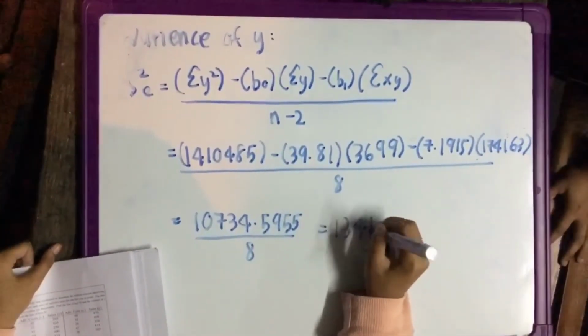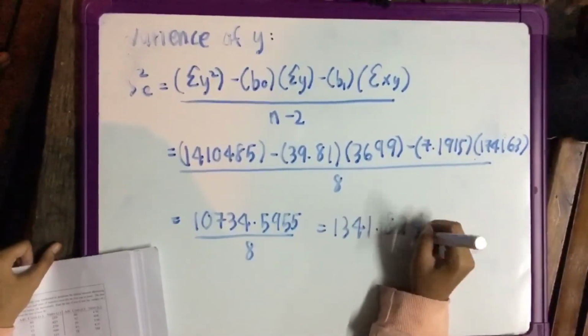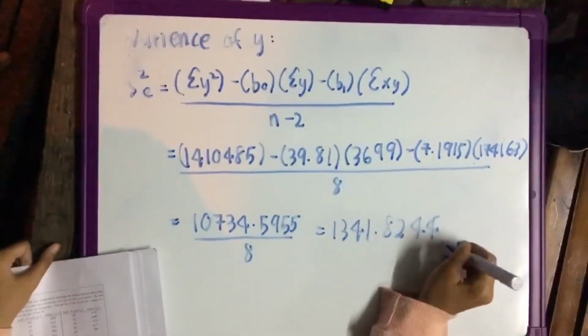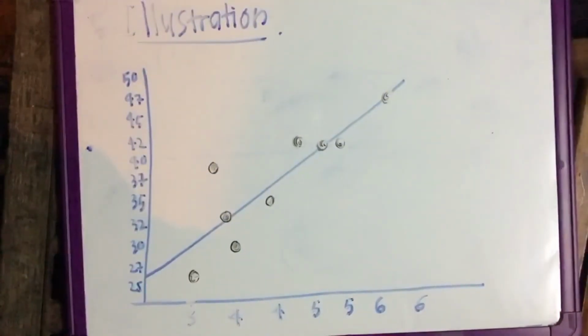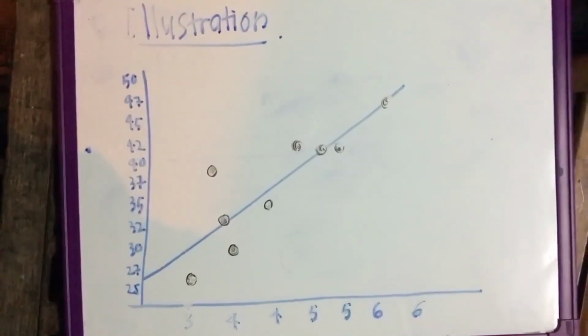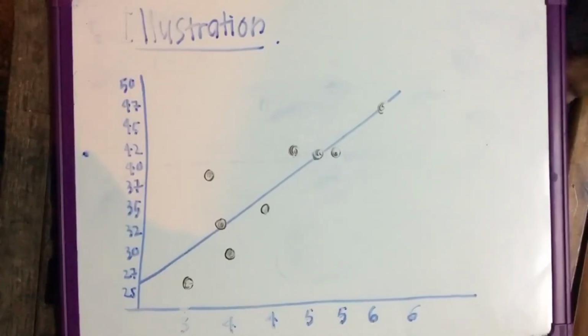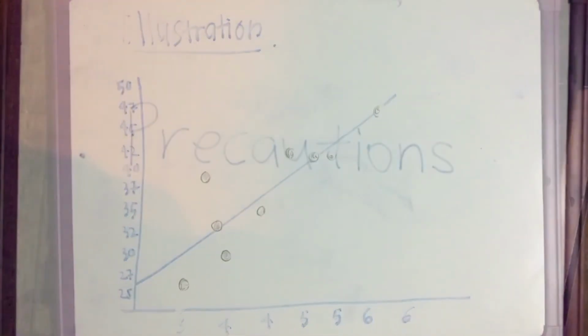And then we get the answer 1341.8244. This is the illustration for the scatter diagram, regression line and random errors.